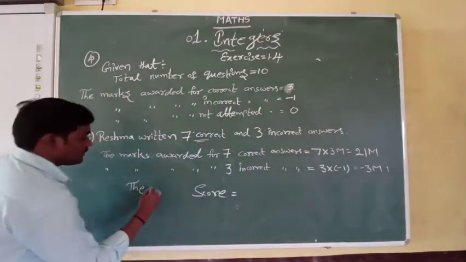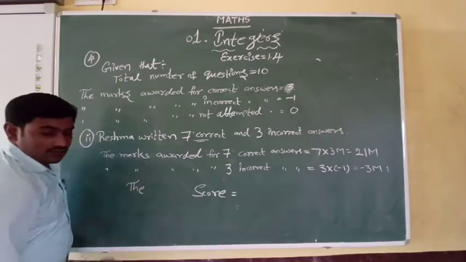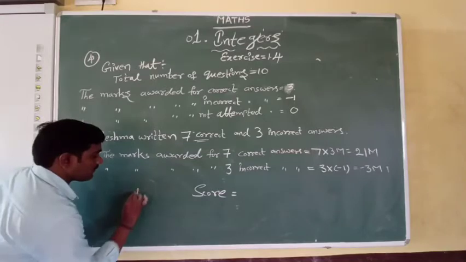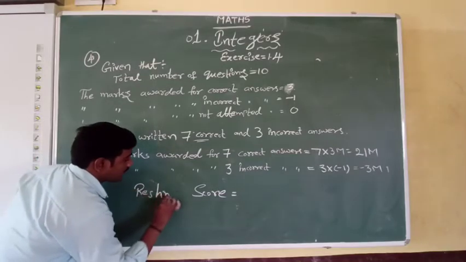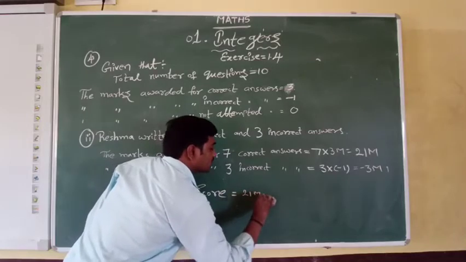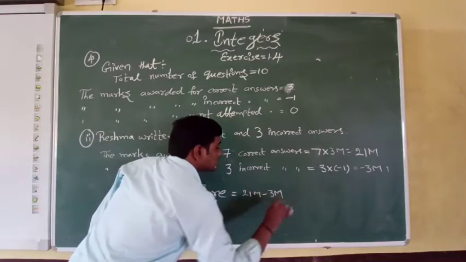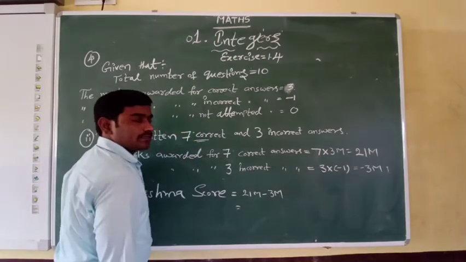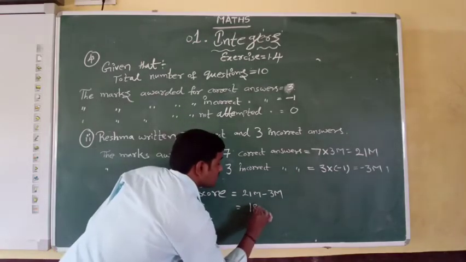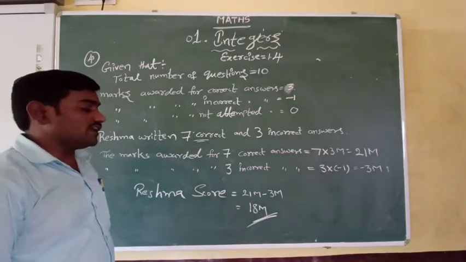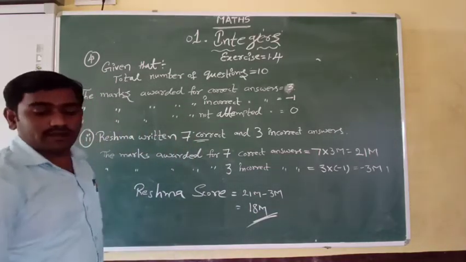Therefore the Reshma score equals 21 marks minus 3 marks due to the incorrect answers. So 21 minus 3 is 18 marks. From 21 marks, subtract 3 marks and you will get 18 marks. So this is Reshma's marks.